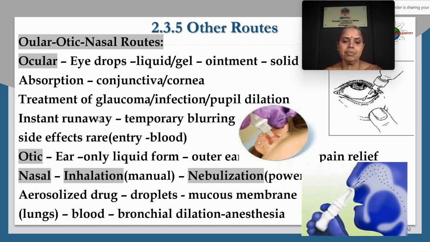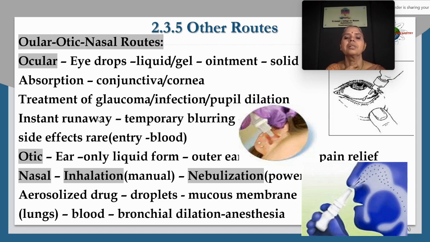Nebulizer is used if the volume of drug that needs to be introduced is more, for a longer period of time. It is an automatic machine connected to a power supply, and it will convert the liquid form of the drug into fine mist, fine vapor, and there will be some carrier liquid also, so that it will carry the drug into the respiratory system through the mouth.